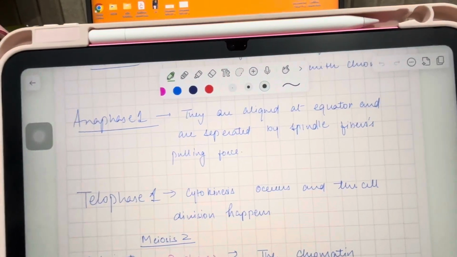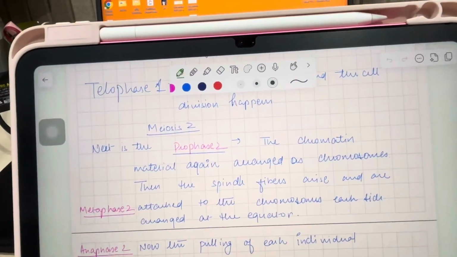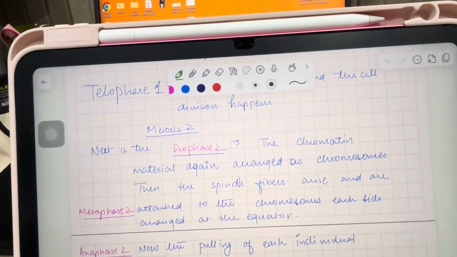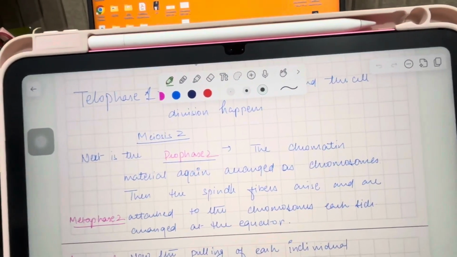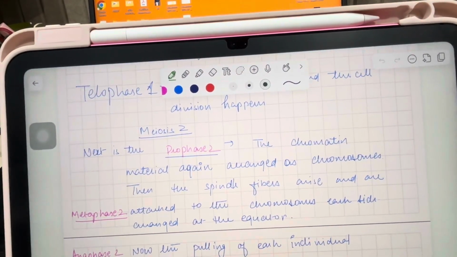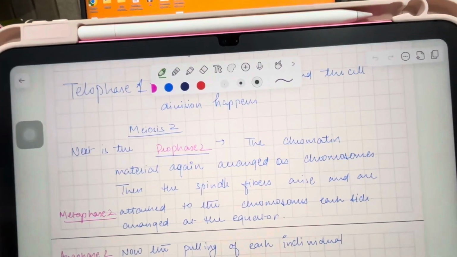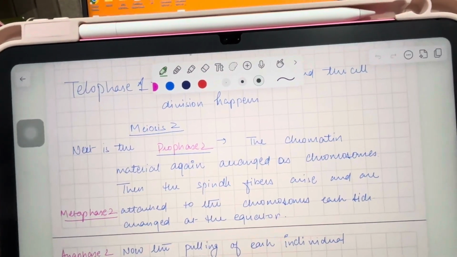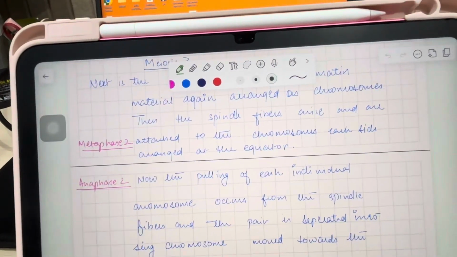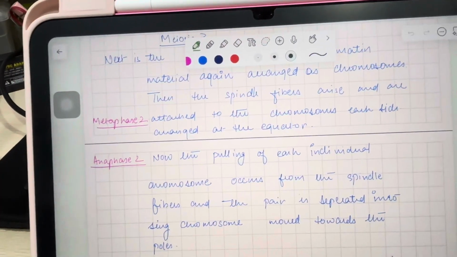After this, meiosis 2 happens. In this, prophase 2 starts, in which the chromatin material is again arranged as chromosomes. Then the spindle fibers arise again. Spindle fibers attach to the chromosomes, pull them apart, and take them to the poles.